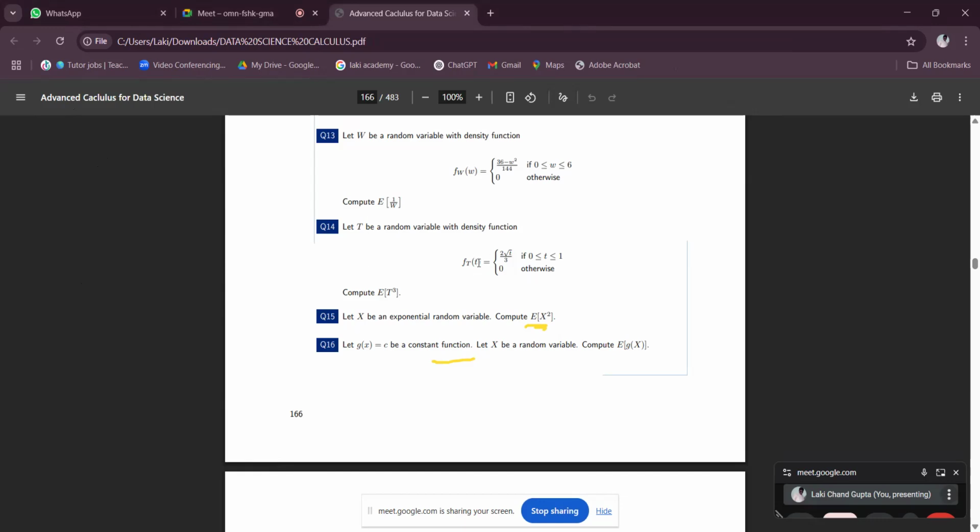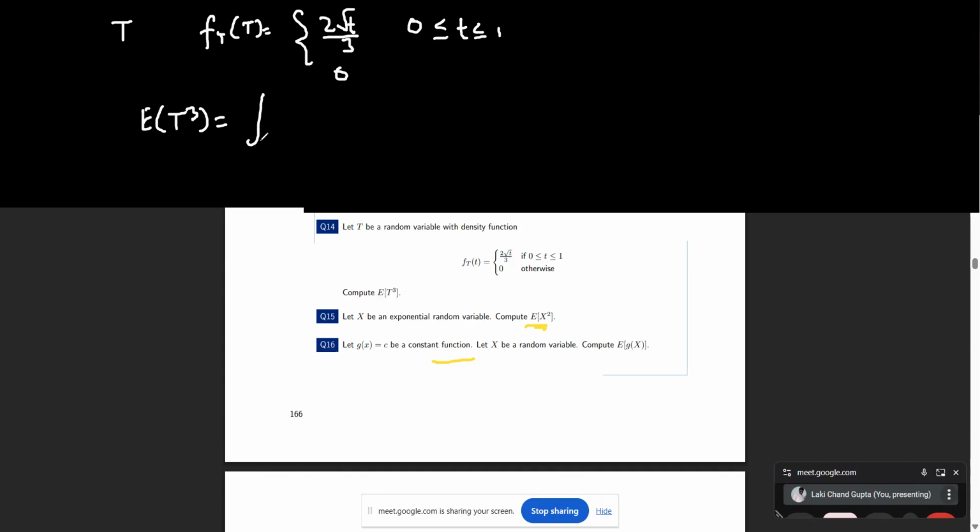You can see this question. T is a random variable with density function f(t). You have to find the expected value of t cube. Here g(x) is t cube, so you can put here t cube.